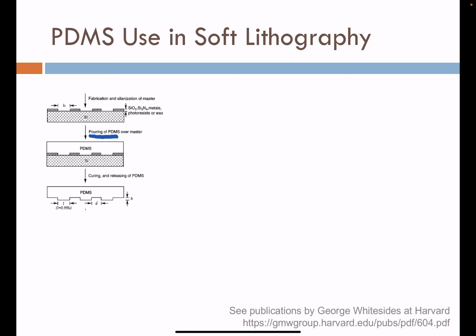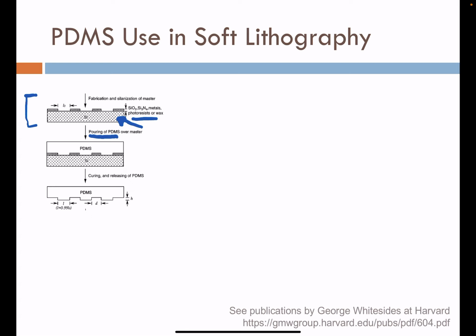So in this fabrication schematic, we see a mold having topography defined by either SiO2 or silicon nitride or metals or even photoresist, providing kind of a pattern, laying on top of a flat piece of atomically flat silicon chips like we would normally find in our microelectronics.